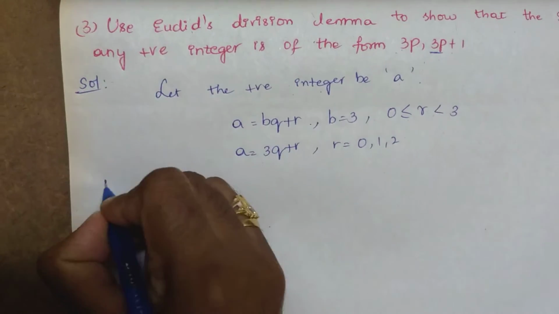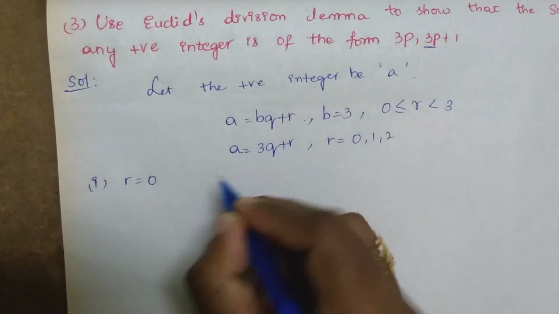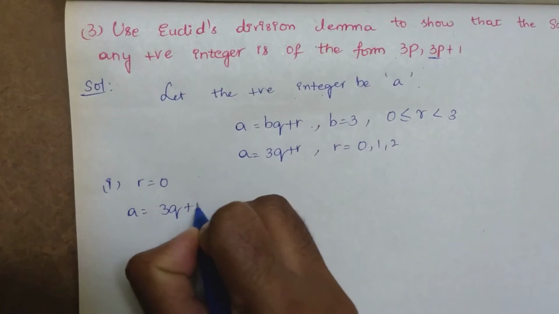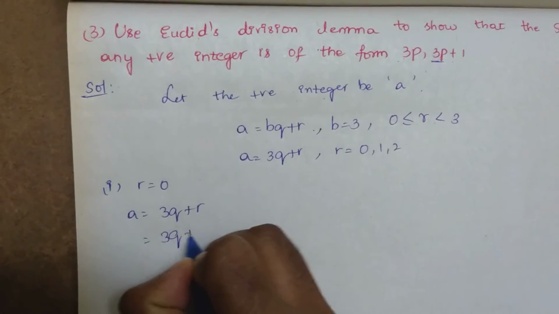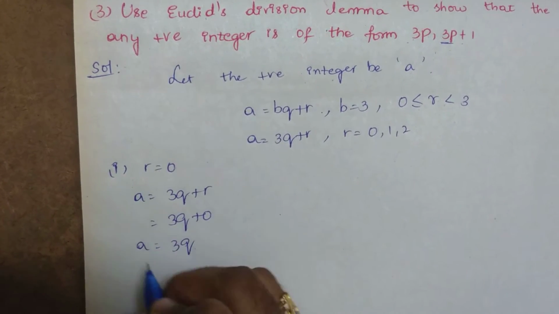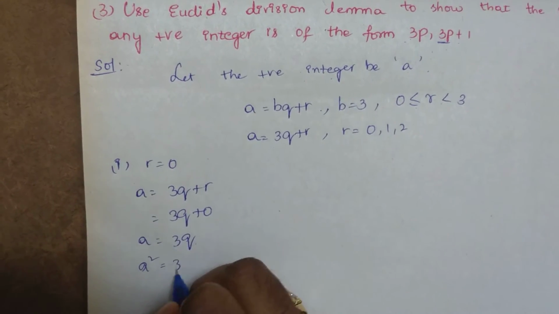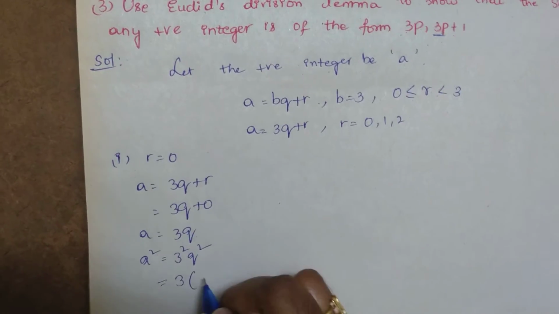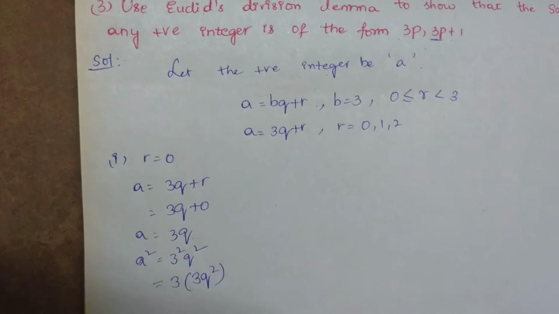Let us see each case. In case 1, r equals 0. So a equals 3q plus 0, that is 3q. Squaring on both sides, a square equals 3 square q square. Taking 3 as common, it becomes 3 into 3q square.